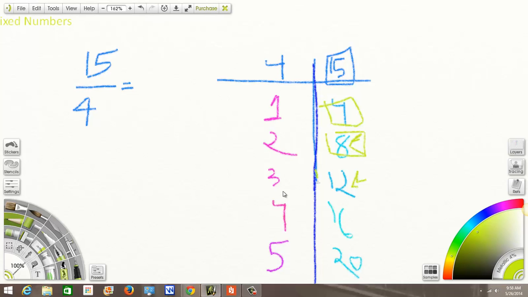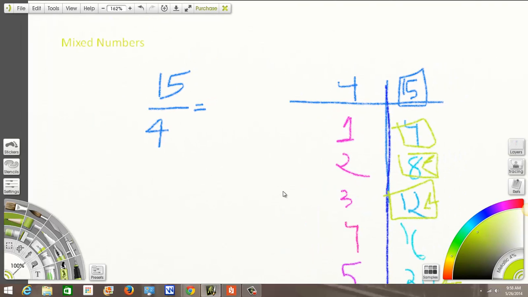So we will choose 12. Is 16 close to 15? Yes, but it's bigger than 15, so we can't choose it. Is 20 close to 15? Yes, but it's bigger than 15. So again, we can't choose it. So let's choose 12. 4 times what is 12? 3. So we're gonna write 3.